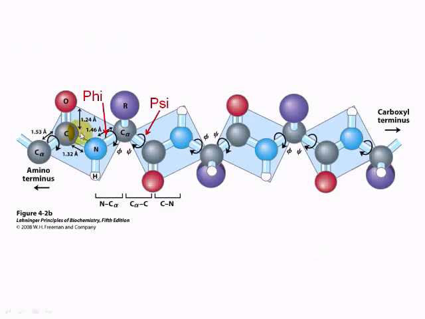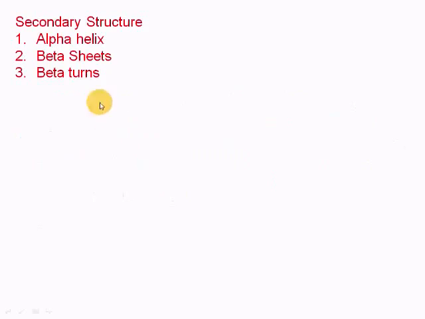So this is the peptide bond right here, and there's going to be no rotation there because it's like a double bond kind of. And this NC bond is called a phi bond, and this CC bond is called a psi bond. The phi and psi bonds can rotate, but the peptide bond cannot rotate.